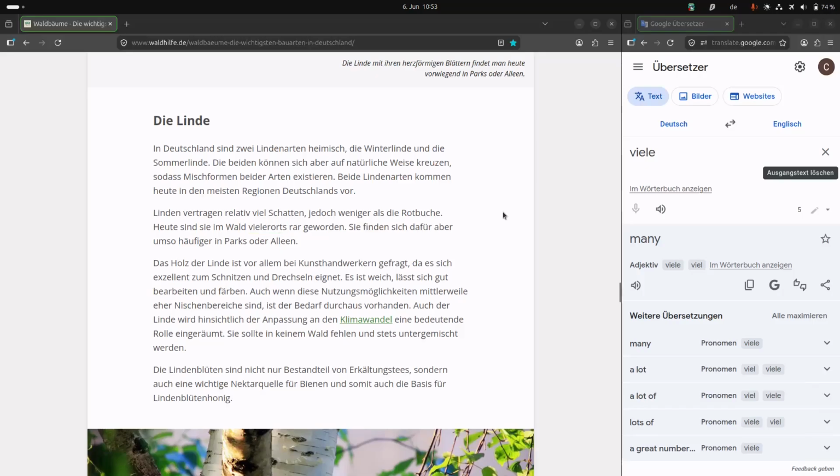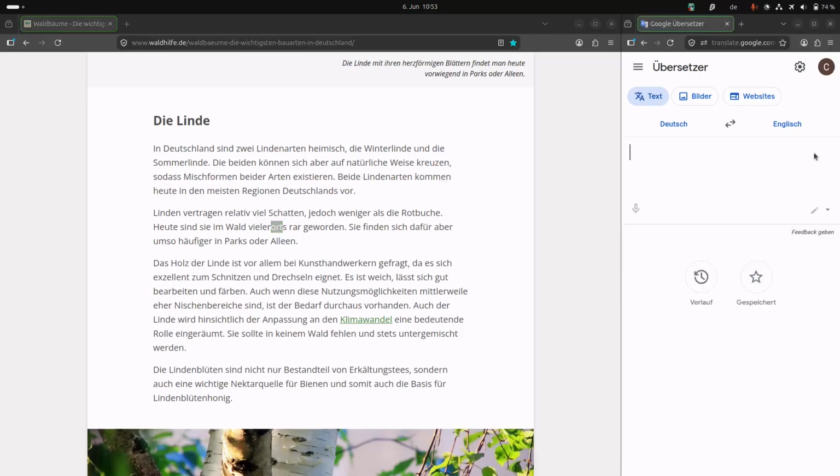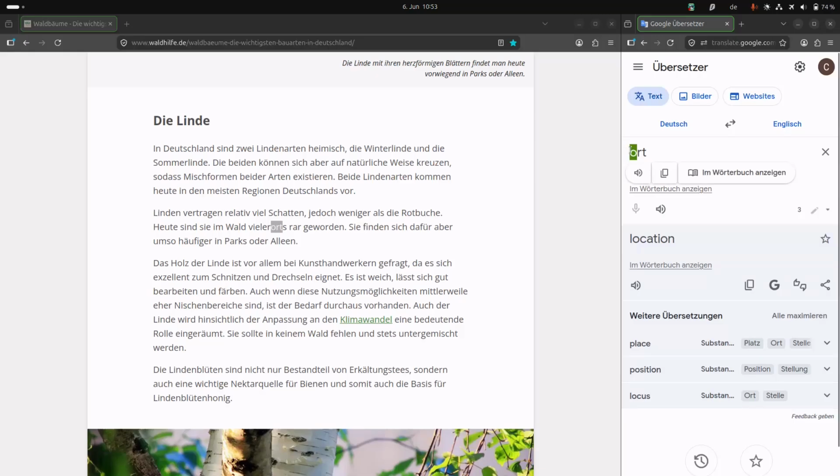So, vielerorts, many, Ort derives from the word Ort, which should mean place, with a capital O, or location. So, vielerorts, I think you can probably already guess that this means in many places, basically, and it's kind of an older saying or word to say in many places. So, sind sie im Wald, in the forest, vielerorts, in many places or locations or whatever.